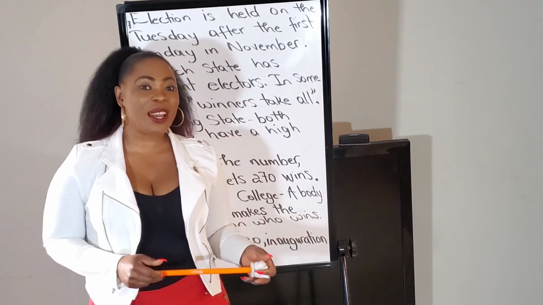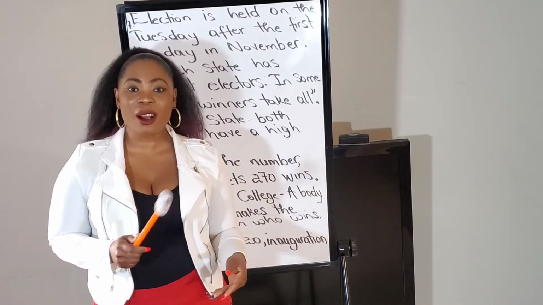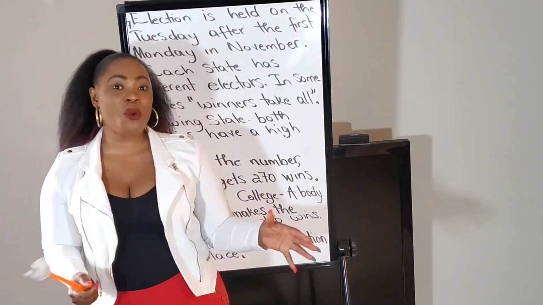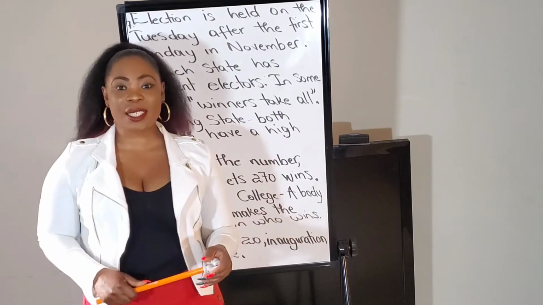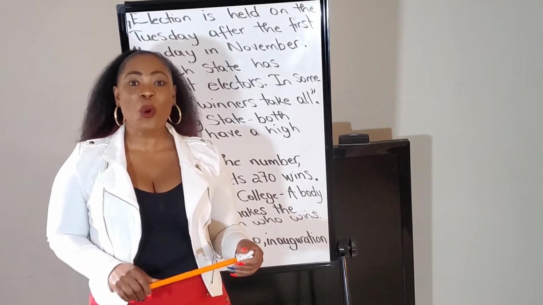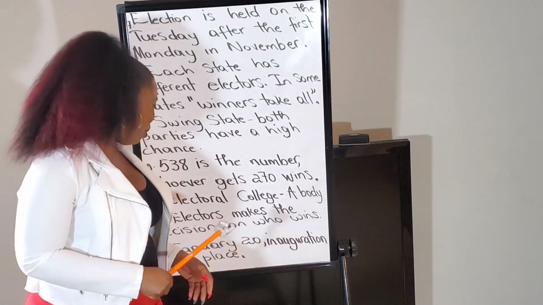So even though the election takes place in November, it's the Electoral College that will recount all the ballots, do their assessment, their analysis, and then they decide who the president is going to be for the next 4 years.